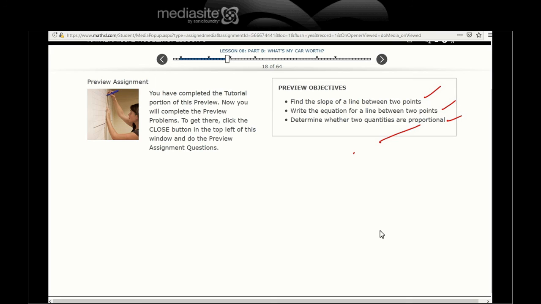And if proportional, that yields y equals cx, and y equals 0 at x equals 0. So no y-intercept, or no b.